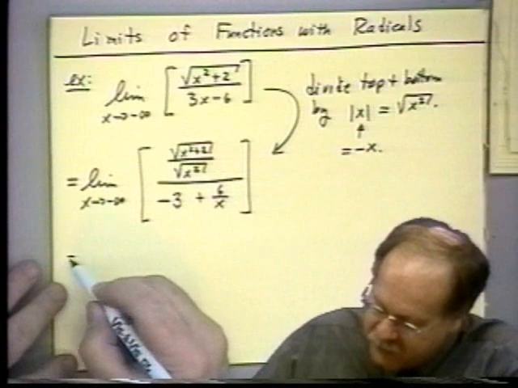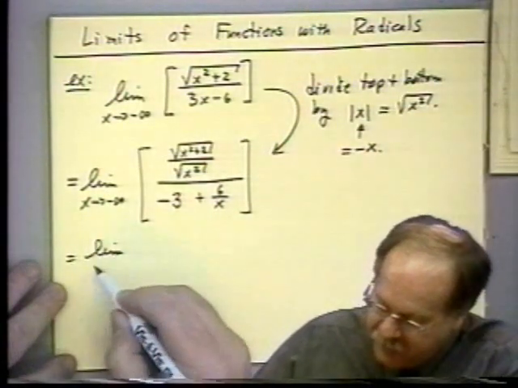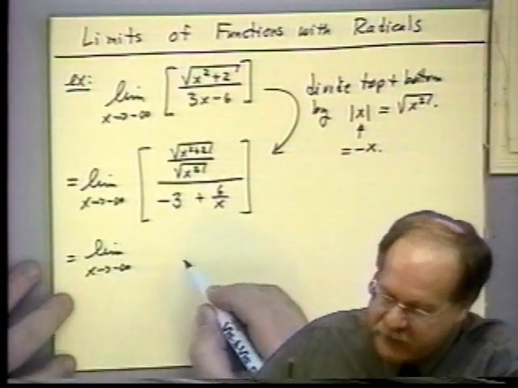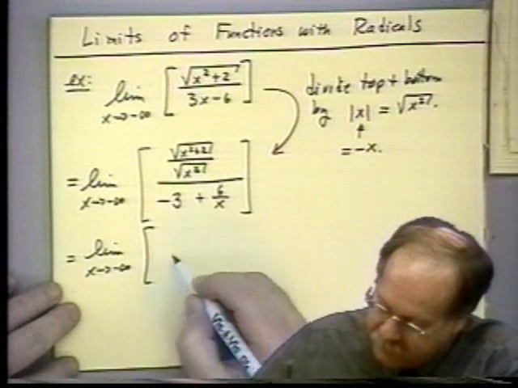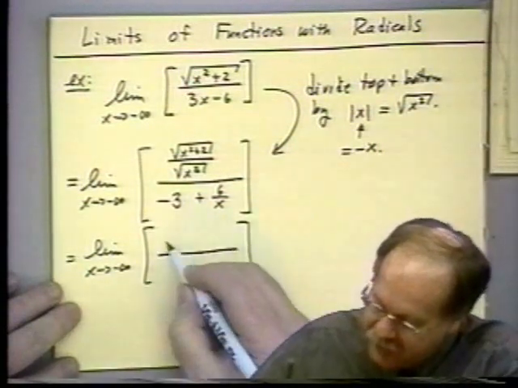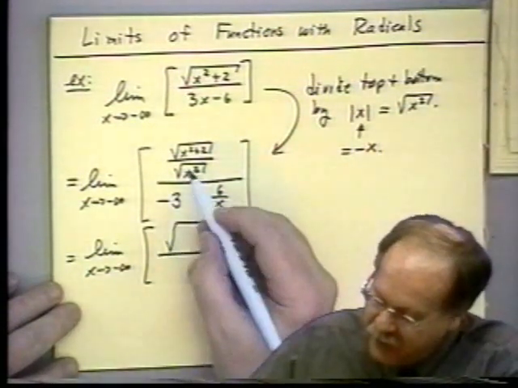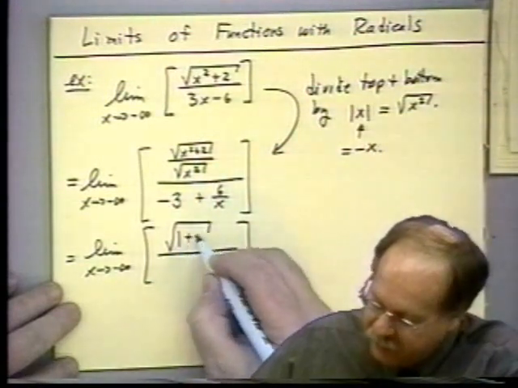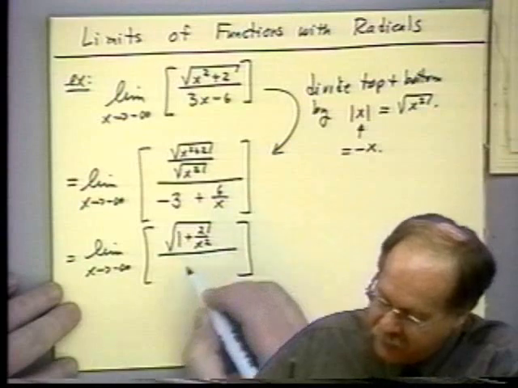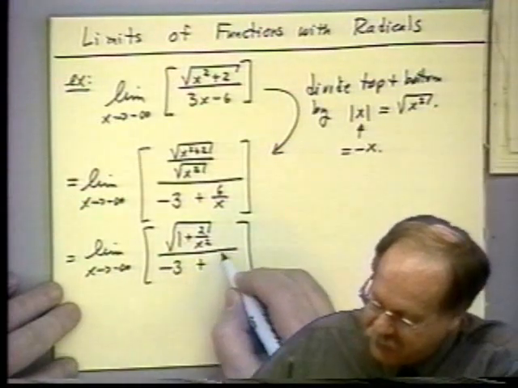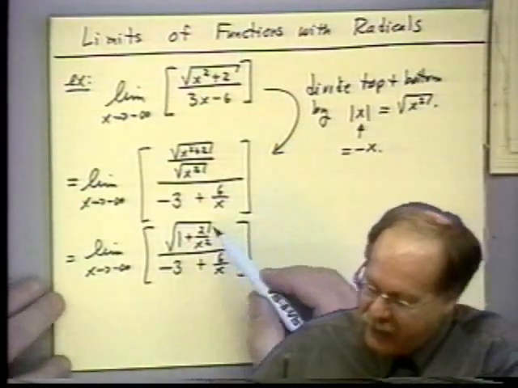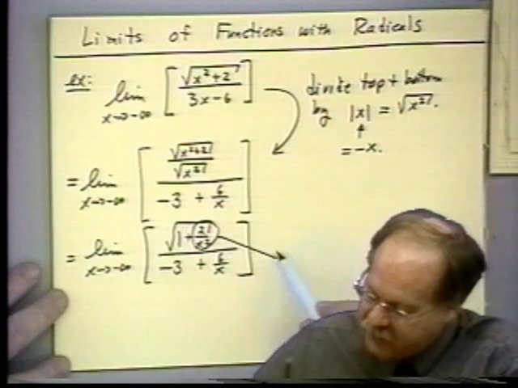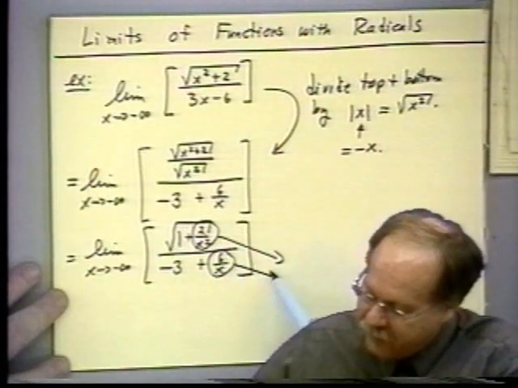Now let's take one more step to clean this up a bit. The limit as x goes to minus infinity. The top now can be written as a single square root. I'll divide the x squared into both parts, so I have 1 plus 2 over x squared. Then I have minus 3 plus 6 over x here, and I get the same kind of conclusion I saw before.